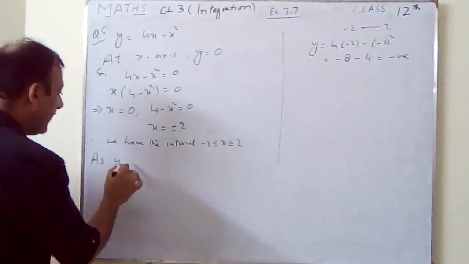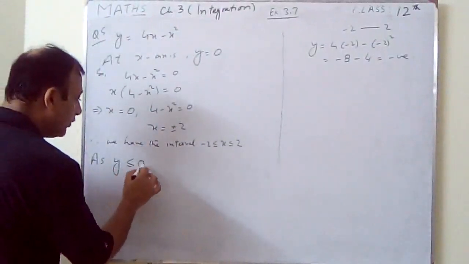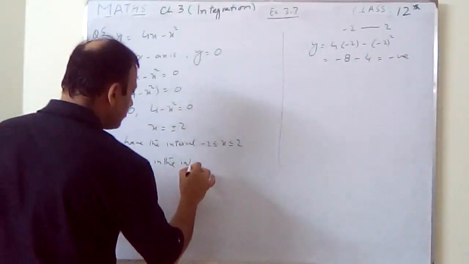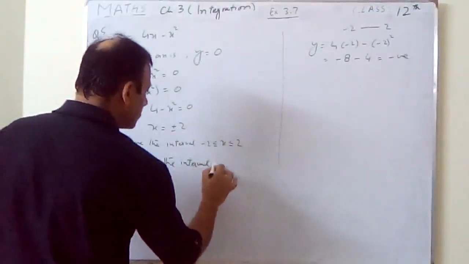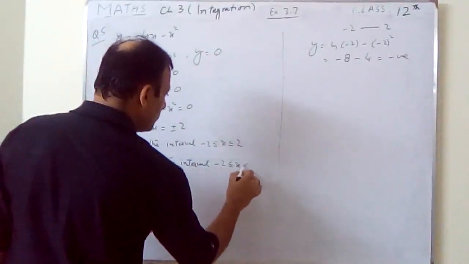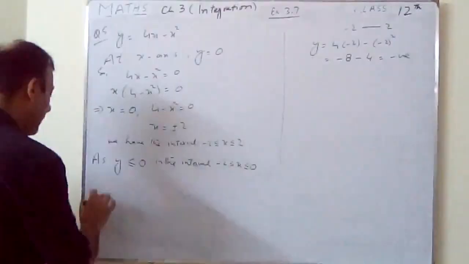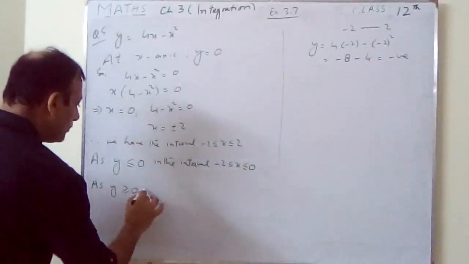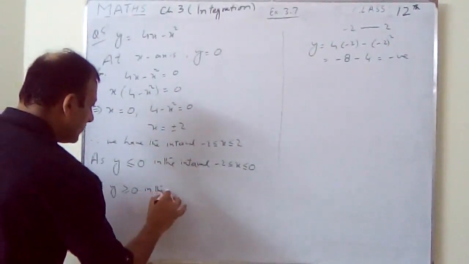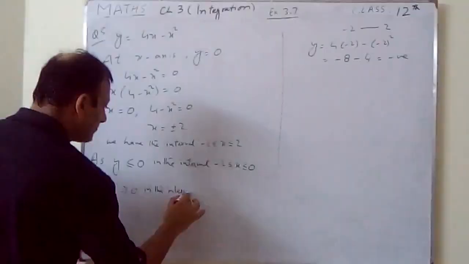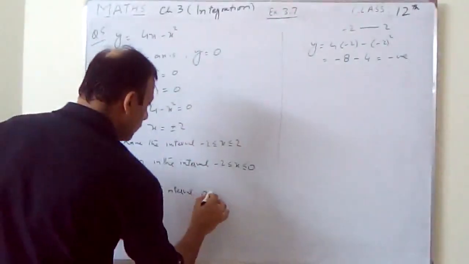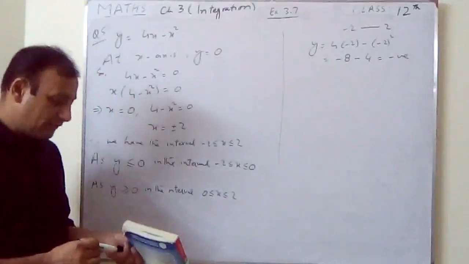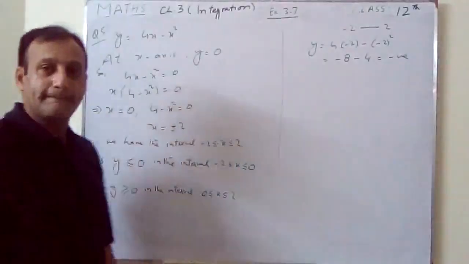So it means y is less than or equal to 0 in the interval -2 to 0. And y is greater than or equal to 0 in the interval 0 to 2. When we put values between 0 and 2, this becomes a positive value.